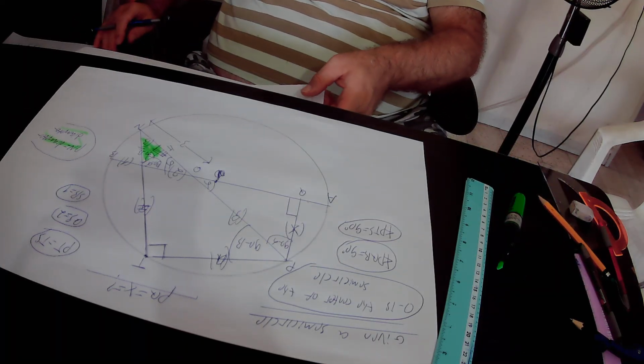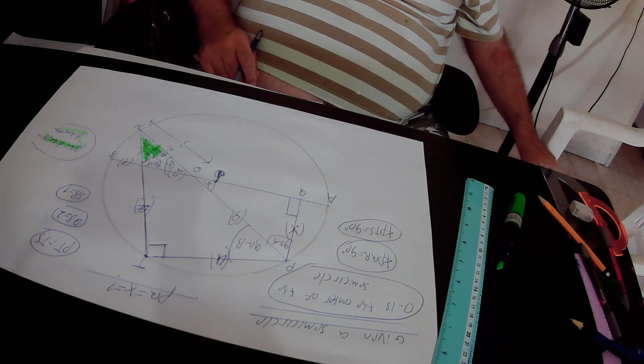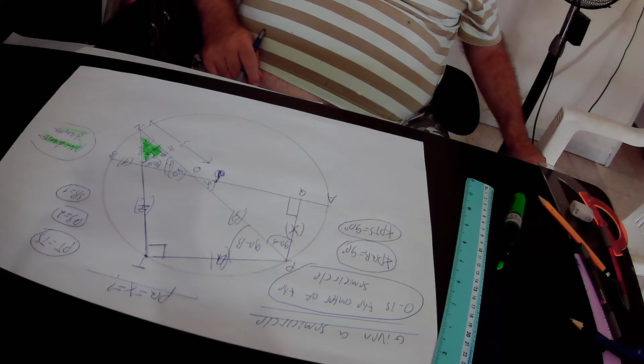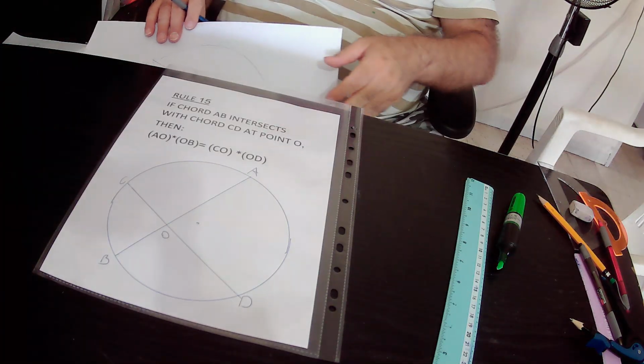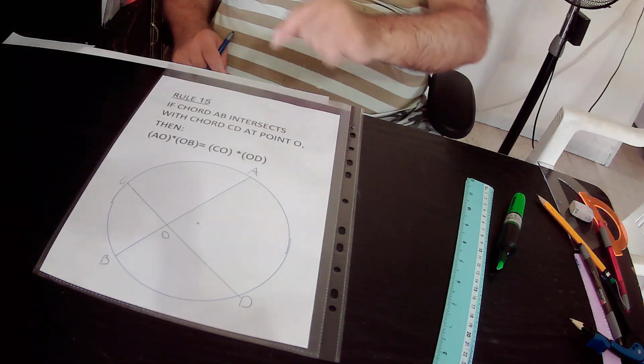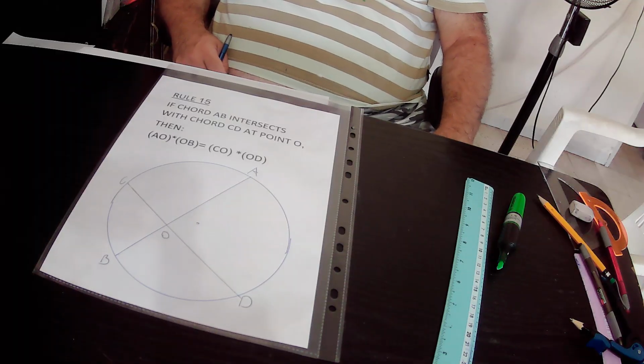So here we can implement rule 15. Please click on rule 15. According to rule 15, if chord AB intersects with chord CD at point O, then AO times OB equals CO times OD.